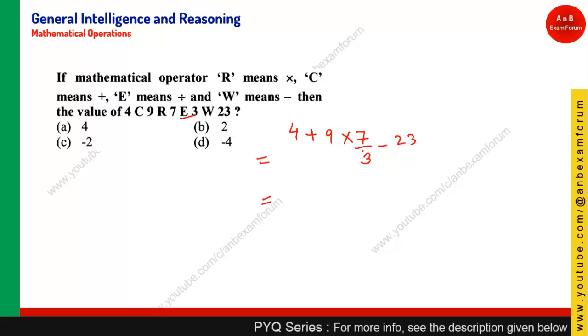So by putting this you can do the multiplication and division simultaneously. Okay, so 3 1s are 3, 3 3s are 9. So you have 7 multiplied by 3 is 21. So 4 plus 21 minus 23. Okay, after this addition it is 25 minus 23 and the answer is 2. Okay, so those who have given option B, well and good, they are right.